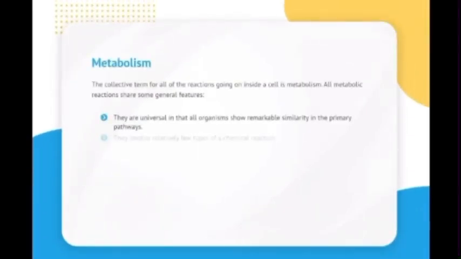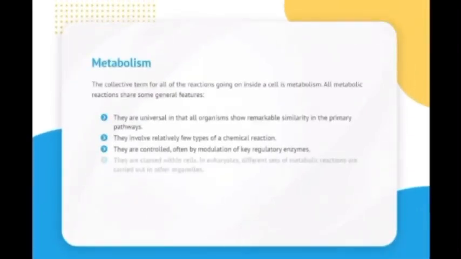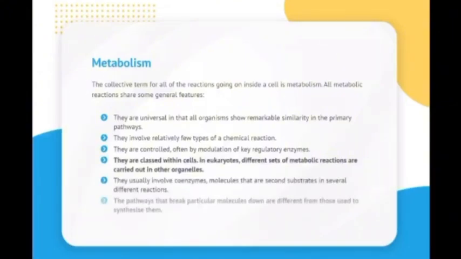Metabolism. The collective term for all of the reactions going on inside a cell is metabolism. All metabolic reactions share some general features. They are universal in that all organisms show remarkable similarity in the primary pathways. They involve relatively few types of chemical reaction.